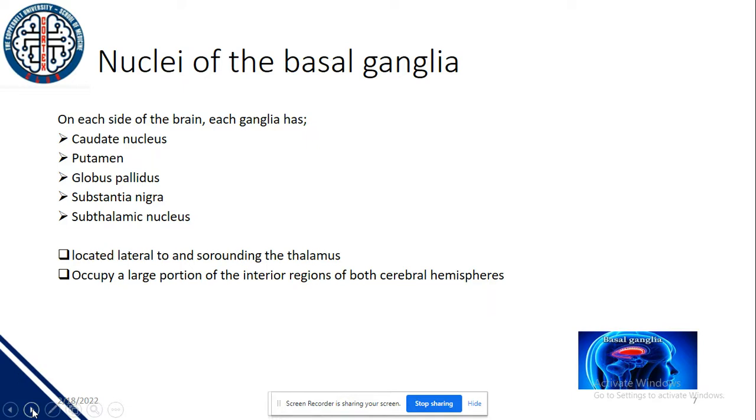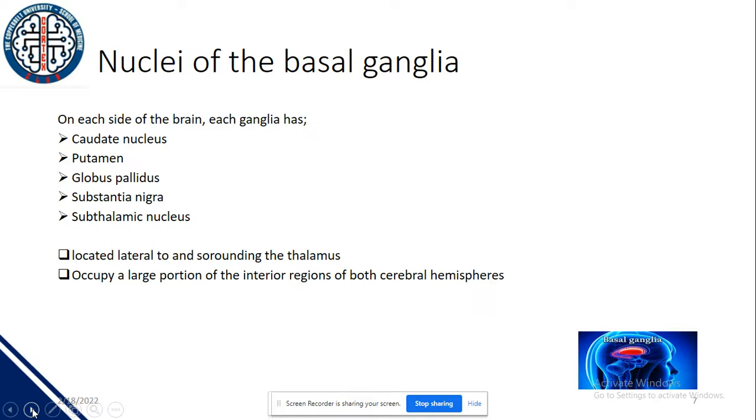Now we're going to look at the nuclei of the basal ganglia. As we said, the basal ganglia is not just one thing. It is a group of nuclei which are located within the cerebral hemispheres. Now, what are these nuclei?